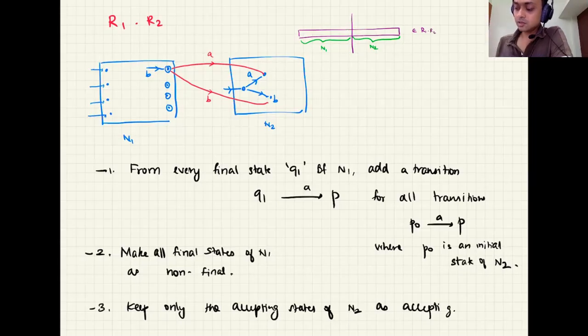Only if epsilon is not in the language of N2, okay? Which essentially means that none of the initial states is a final state, okay?